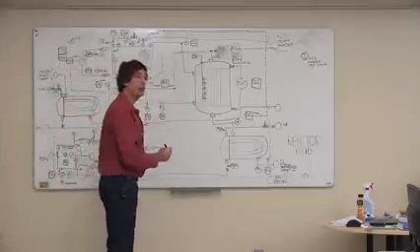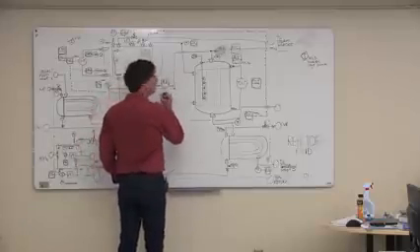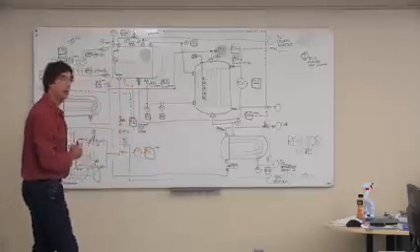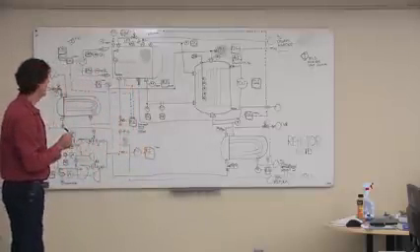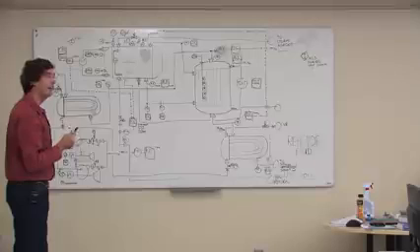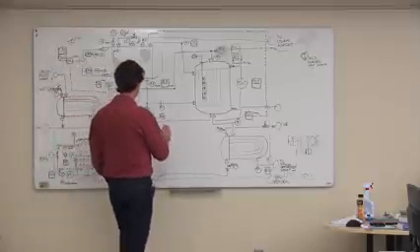Okay, if we're going to do that, we might as well make it a controller, right? What are we going to control? What should we control? How about flow rate?